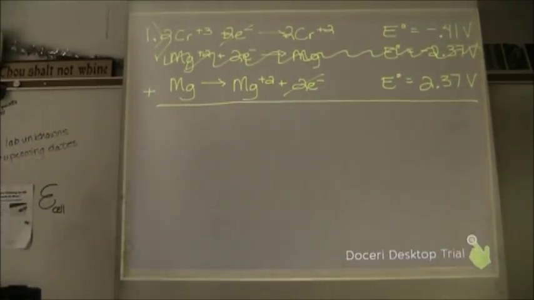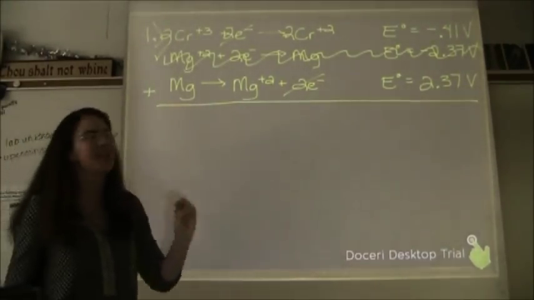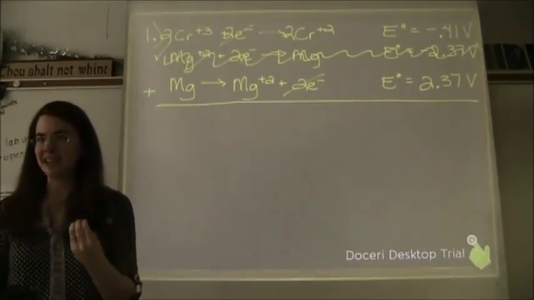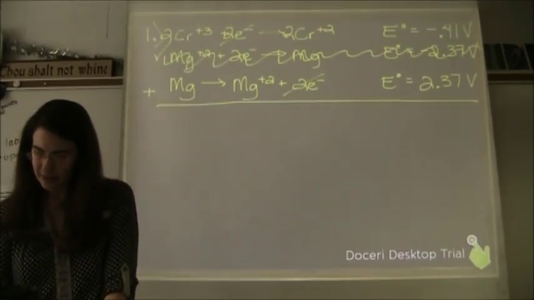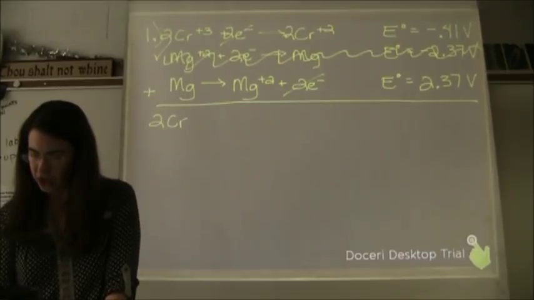Think Chem 1, what do you call a property that you increase its amount, but that property remains unchanged? Intensive. Intensive. Potential is an intensive property. That makes things nice for us. We don't have to change that number.